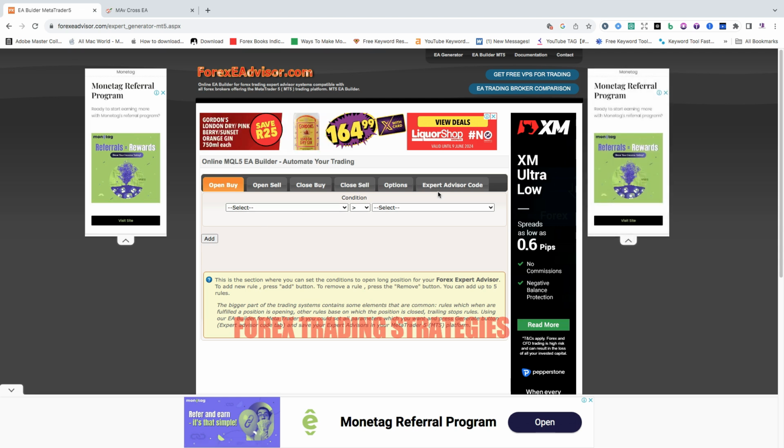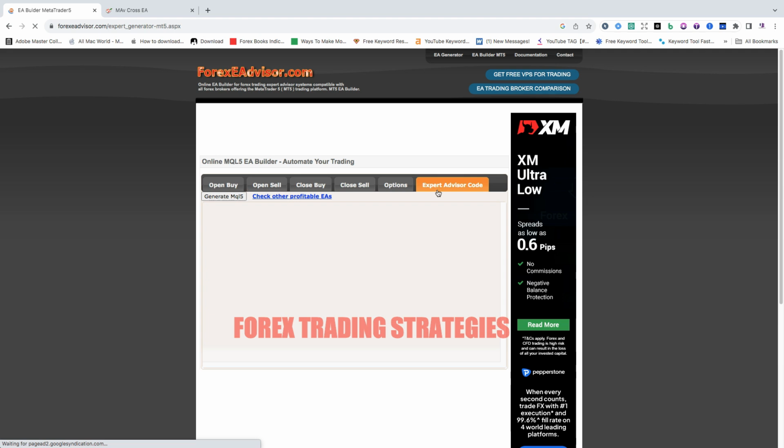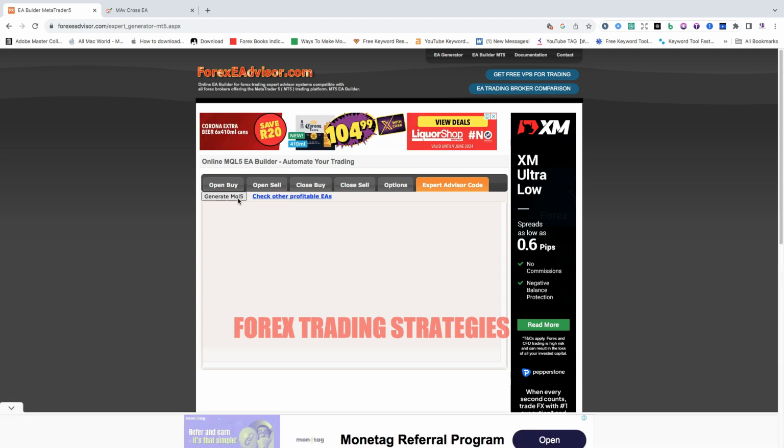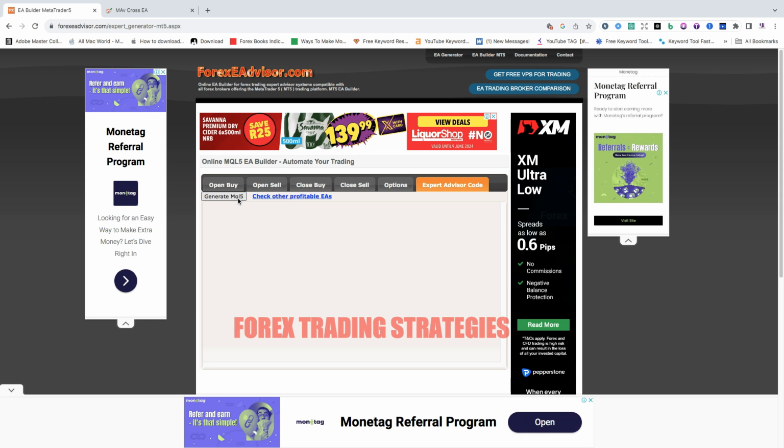And what you get at the end is an MQL5 file. So you need to download that file, then go and compile it in the MetaEditor. I think I've done a video about that somewhere. I'll look for that video. If I find it, I'll link it in the description box below. So that's what you need to do here.